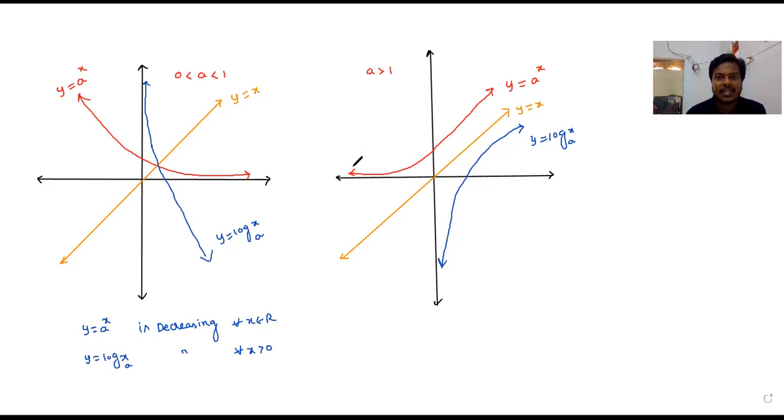Next, in the second case, a power x is strictly increasing and log x base a is also strictly increasing. We can say strictly decreasing here and here also. Okay.